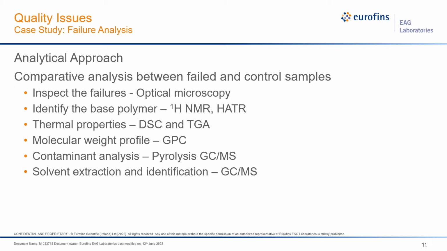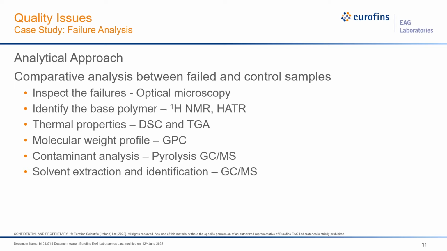It took the failed and the control sample and they were looked at in comparison. The next was to identify the base polymer. In this situation, proton NMR and horizontal attenuated total reflectance FTIR were used. The base polymer was identified in order to make certain that what the client thought they were buying was indeed the correct polymer.